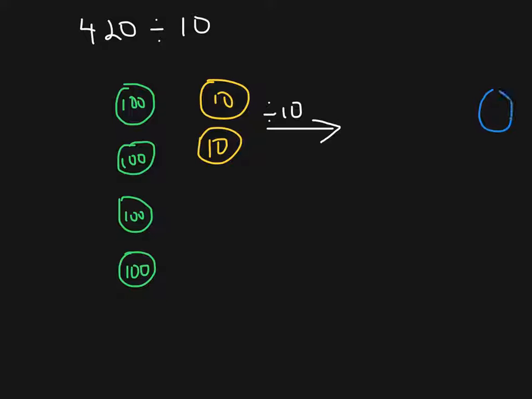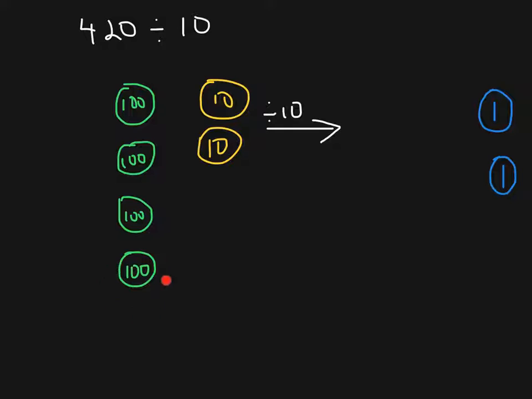So I'm going to go ahead and show those over here in my place value disc. So those 2 tens are going to be converted into 2 ones when I divide it by 10. And if you think about it, 20 divided by 10 is of course 2.